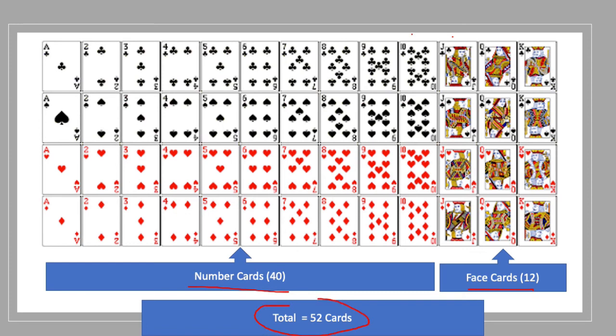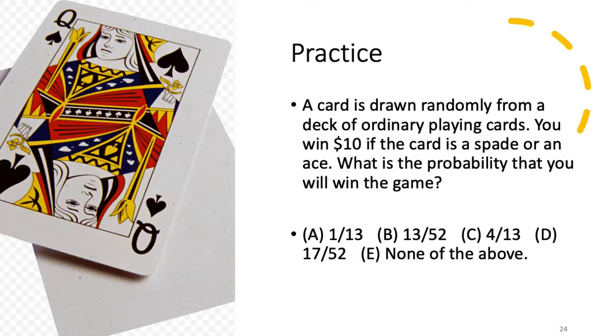There's a total of 52 cards in the deck. The reason we use the deck of cards is it makes some of this probability work a lot more intuitive and easier to work through. It gives us an example that we can use over and over again in order to explain and understand different types of probabilities and the rules of probabilities.